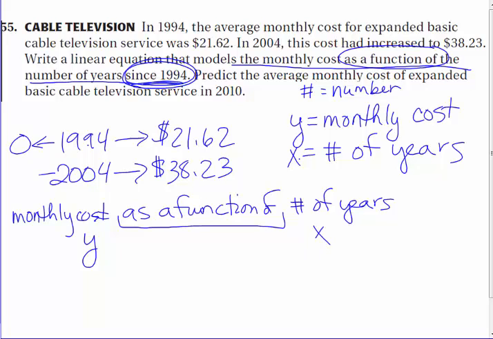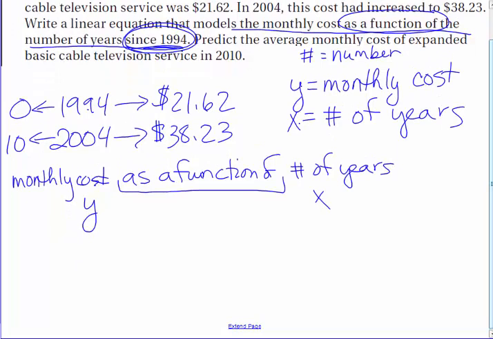Now what about 2004? How many years after 1994 is 2004? 10. So what this does is helps us set up an ordered pair. So I have x, y, x number of years, y is the monthly cost.